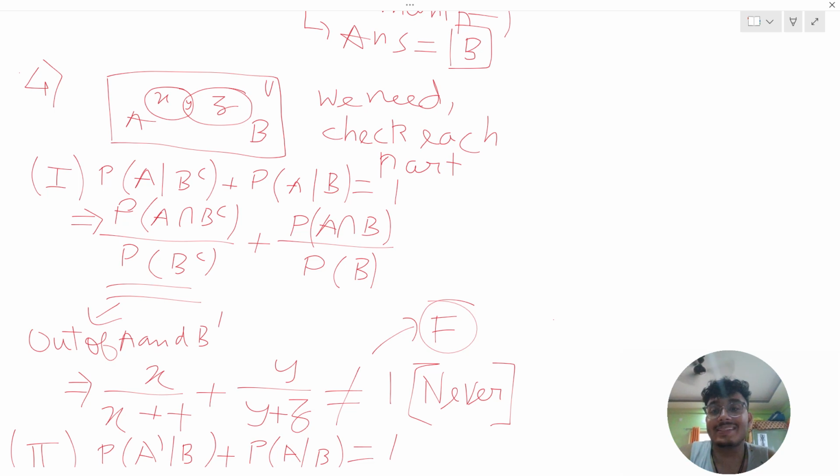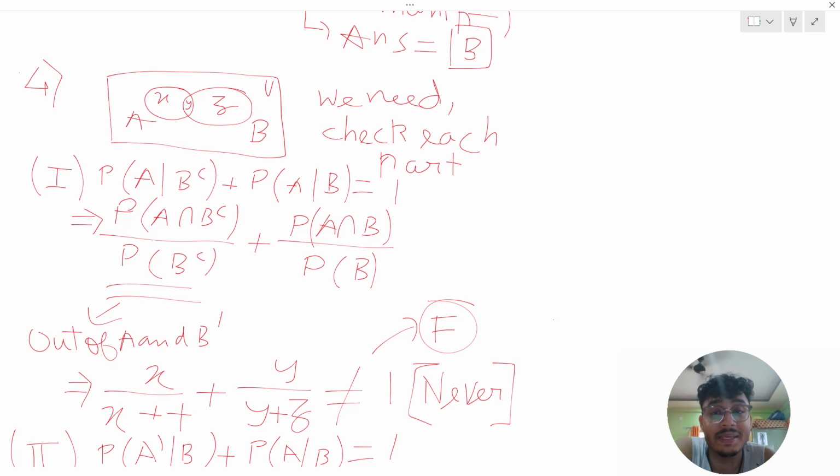So P of A slash B complement is basically P of A intersection B complement by P of B complement. So P of B complement is basically x plus t, where t you can take to be the union set, and P of A intersection B complement is basically out of A and B complement, that gives me x.